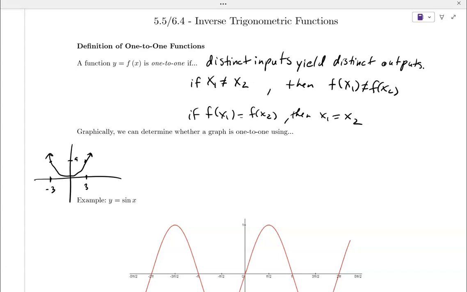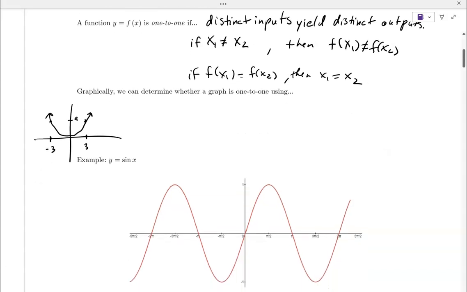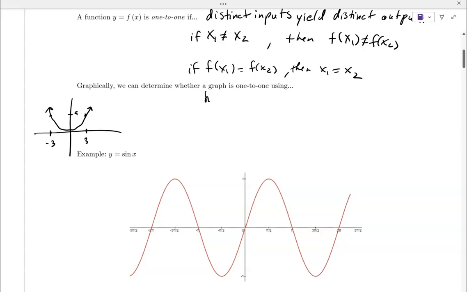Notice that horizontal line crosses the graph at 2 points. That would mean exactly the same thing as what we said up here. If I have a horizontal line that crosses at 2 points, then I find 2 inputs that have the exact same output. So graphically, we can determine if a function is 1 to 1 using what's referred to as the horizontal line test.